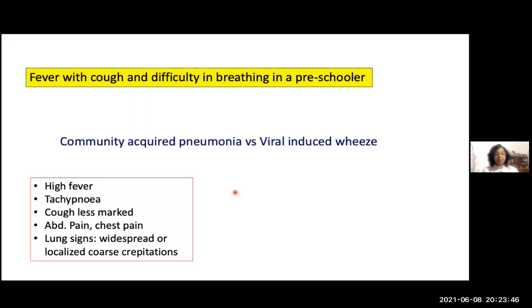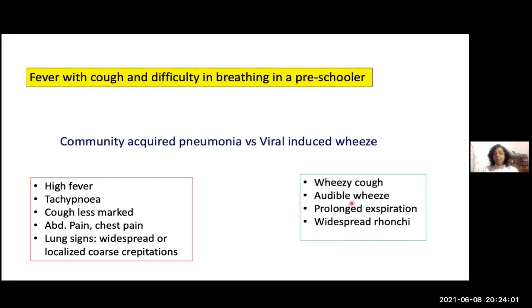And you may find widespread or localized coarse crepitations depending on the extent of the lung involvement. Now, in contrast, in viral-induced wheeze, a child will present with a wheezy cough, and you might hear the wheezing noises, and you will also appreciate prolonged expirations and widespread rhonchi in such a child.